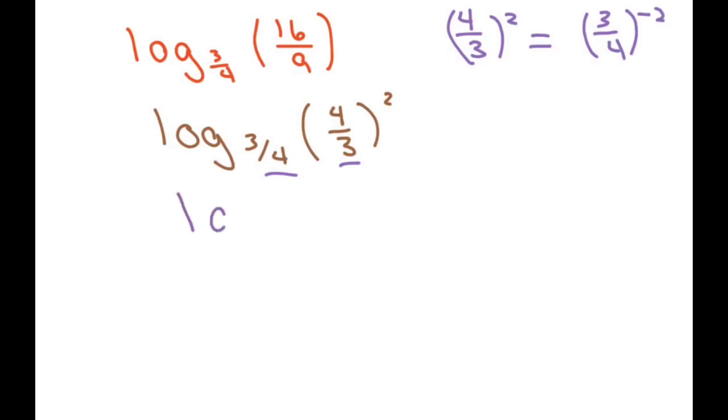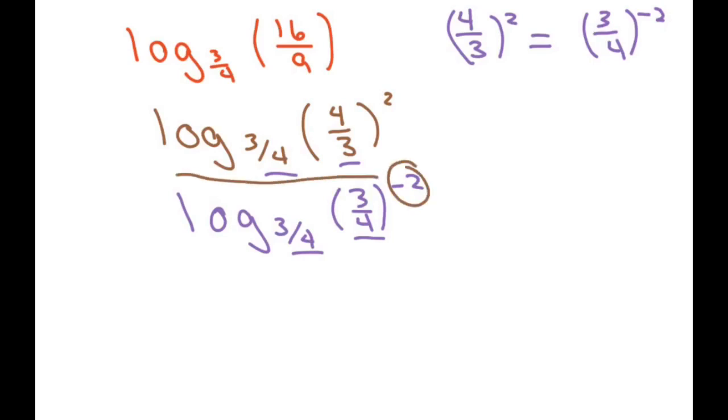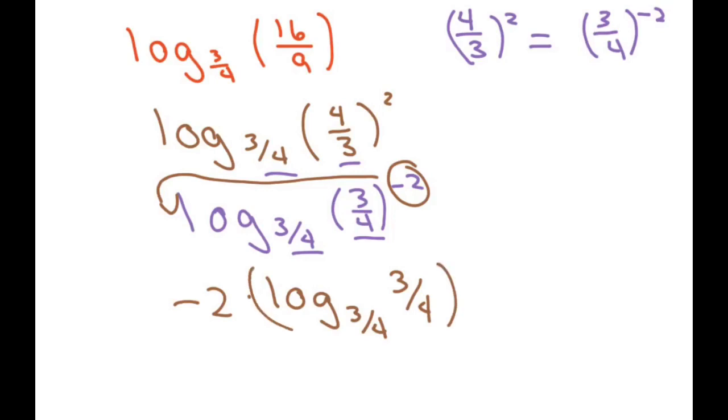So that's what I'm going to do, because I want my bases to be the same here. I want these two numbers to be the same. That way I can use my power property. Bring that negative 2 in front. So you get negative 2 times log base 3/4 of 3/4. This equals 1. And so my final answer equals negative 2.